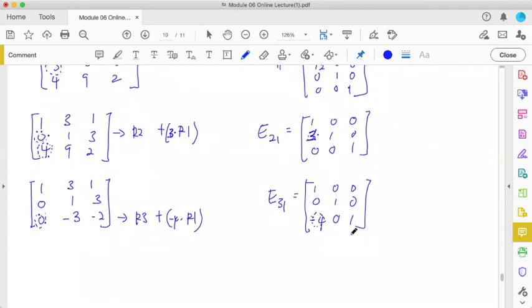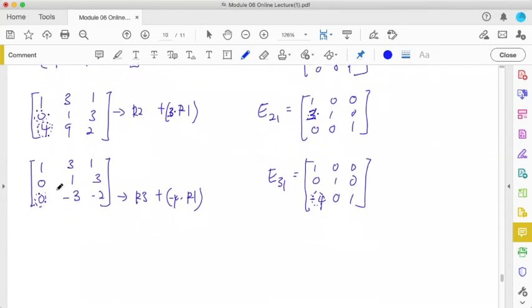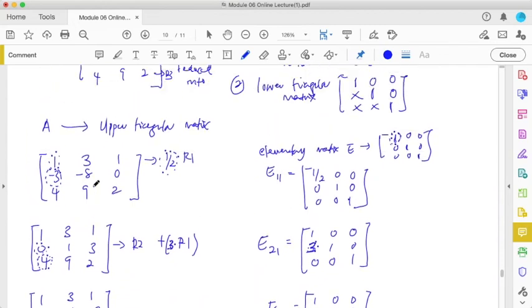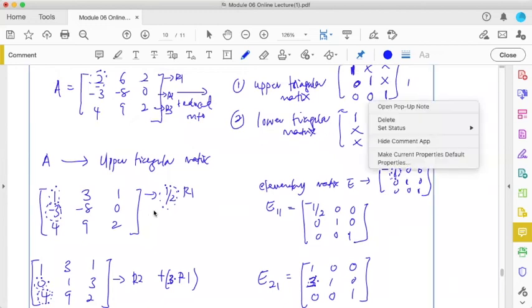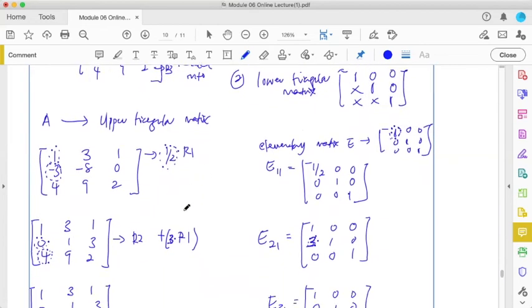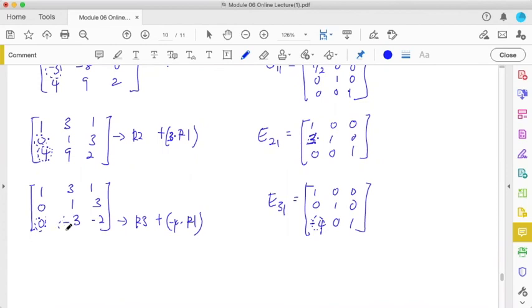Okay, so next we move. Again, our target is we want to change this matrix A to become the form number one, which is the upper triangular matrix. So the next coefficient would be this one, and we want to change it to become 0.